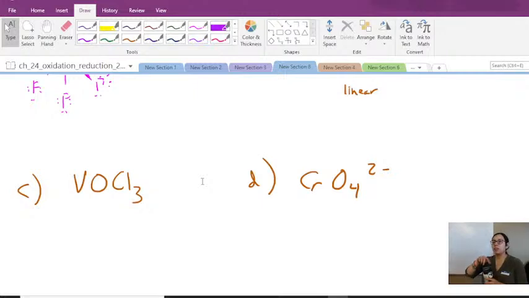Little refresher. So vanadium brings 5, so that's just trigonal pyramidal. Is it trigonal pyramidal?